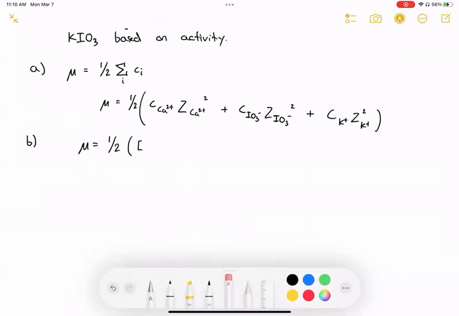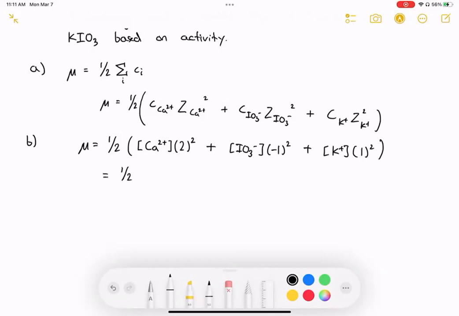So concentration of calcium 2 plus times 2 plus squared, plus the concentration of iodate times the charge, -1 squared, plus the concentration of K plus times the charge squared. Okay, so let's rewrite these in terms of x.